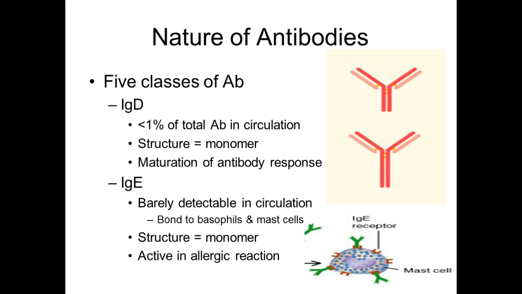These IgEs coat your mast cells and basophils in those areas where they were produced. So the minute an allergen comes in and interacts with the antigen binding sites on this antibody, this mast cell degranulates. So it releases things like histamine, which causes what in that local area?